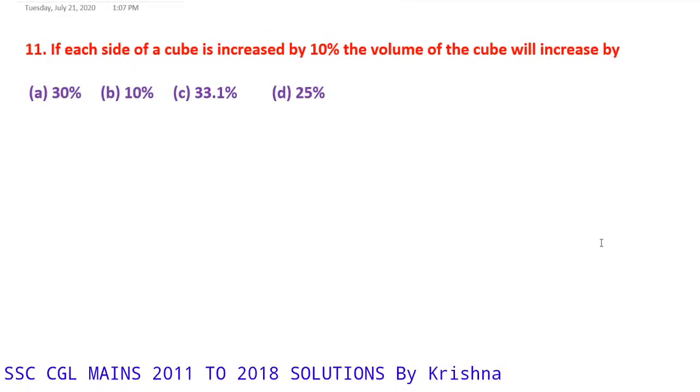If each side of a cube is increased by 10%, the volume of the cube will be increased by? So if you take side as initial and final, 10% is 1 by 10. So initially let's assume the side is 10.